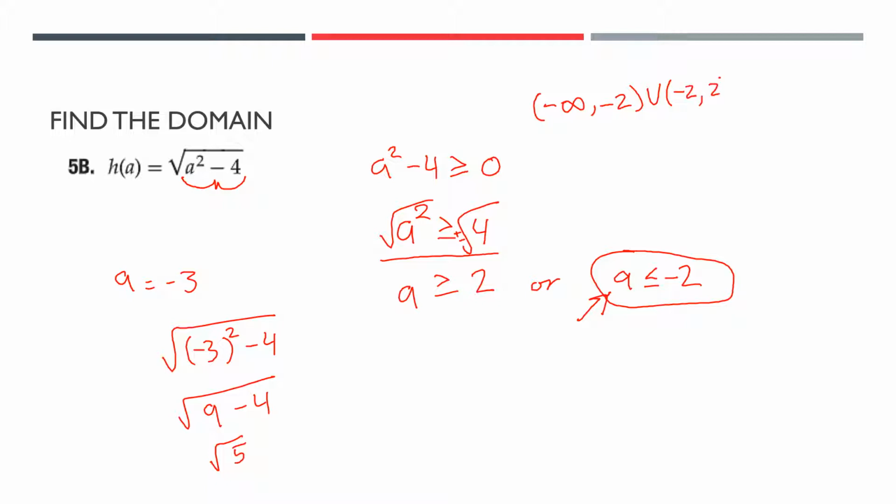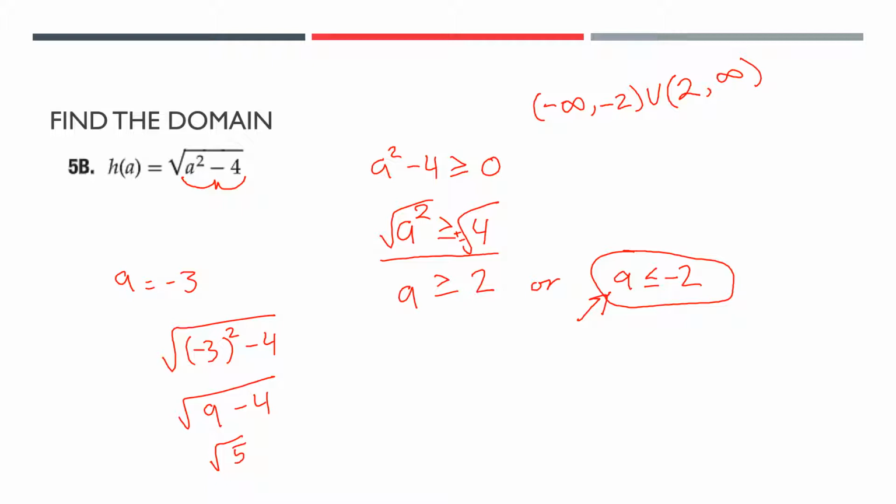Well, actually, it can't be from negative 2 to 2. So I just made another mistake there. In this, I have to be either smaller than negative 2 or larger than positive 2. So even though there's an interval there, I don't have to put it. I need to start at 2 and then go to infinity. Okay, so negative infinity to negative 2, and then 2 to infinity. This is where it's defined.